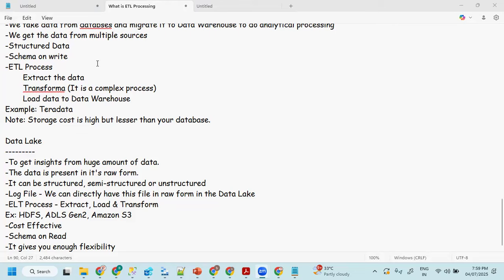When we join them in the data warehouse, the key, like the customer ID or name, will be duplicated. Yes, that is right.